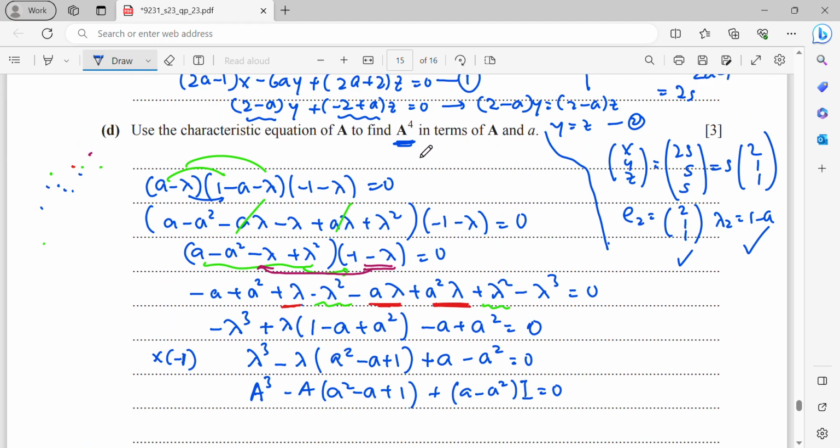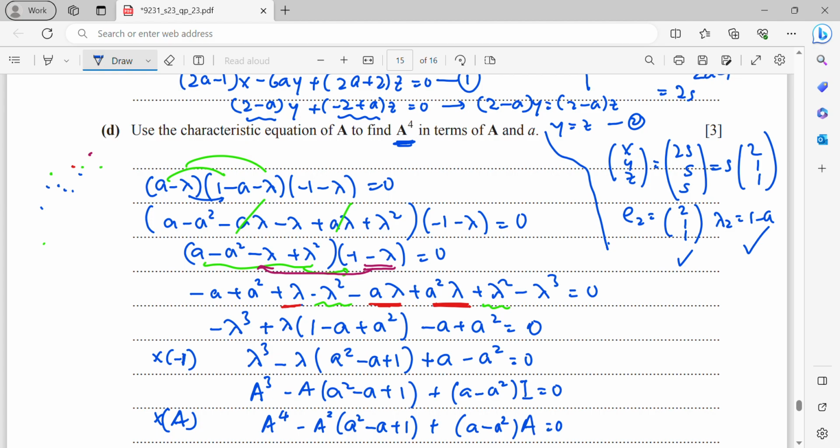Okay, and now we need to get A degree 4. So to get A degree 4, I will times A. So here, A degree 4 minus A squared minus A plus 1 plus, so A times I is A. So this is the constant.